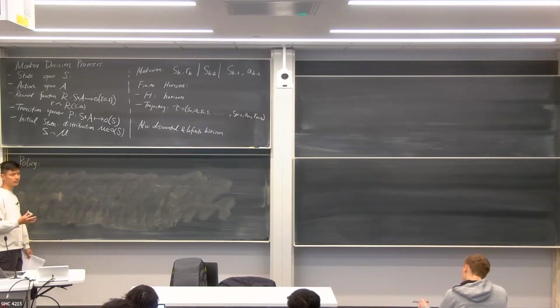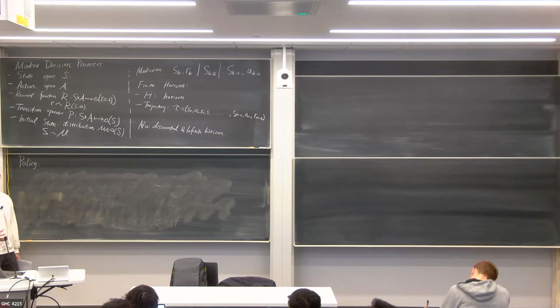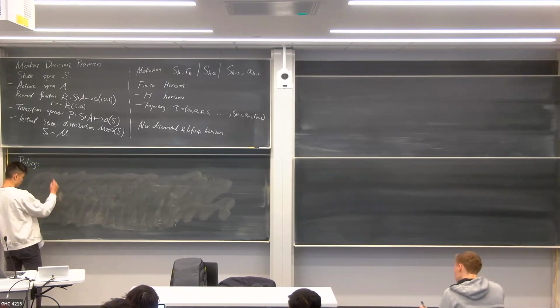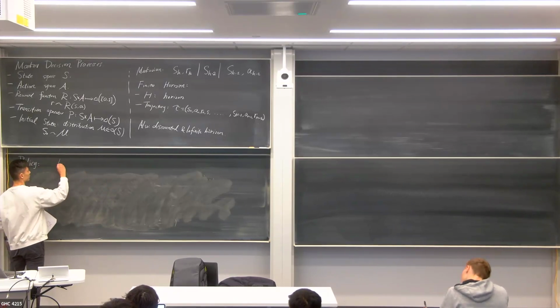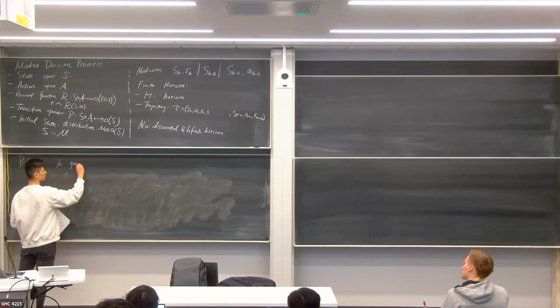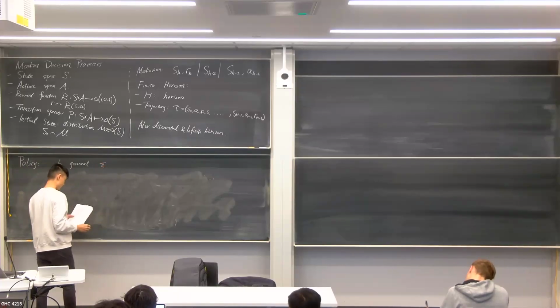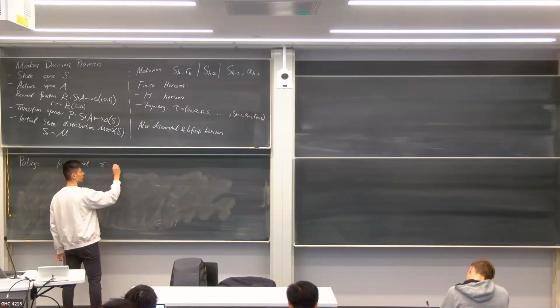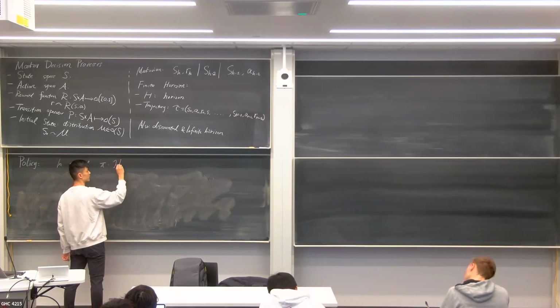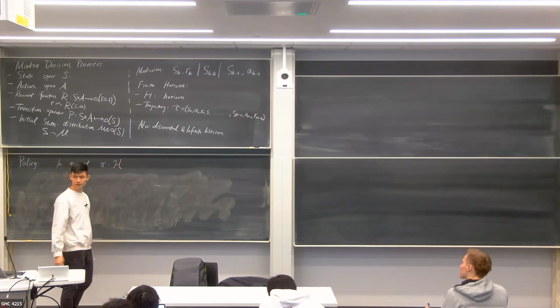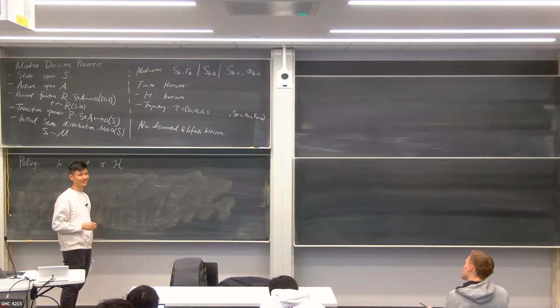I'm going to start with something that sounds extremely general that might hurt your brain. Like, in general, pi could be, I'm going to write this H a little differently. This is the calligraphic H. For you, it might look different.